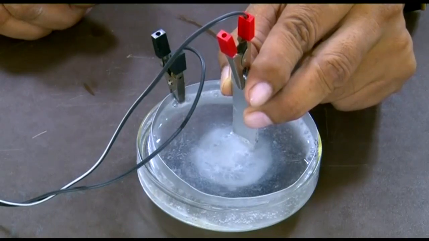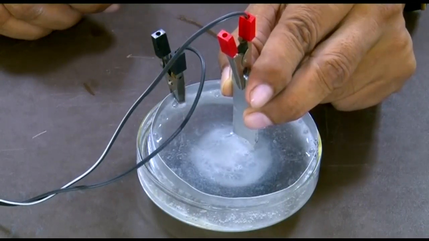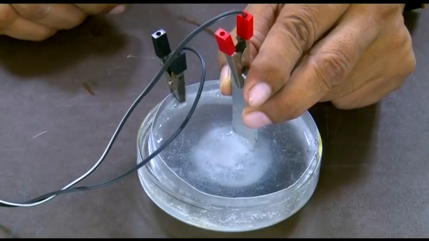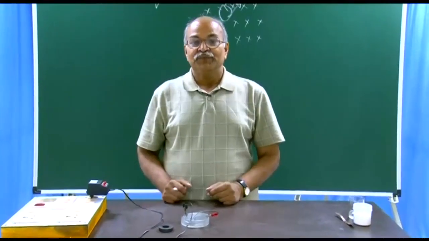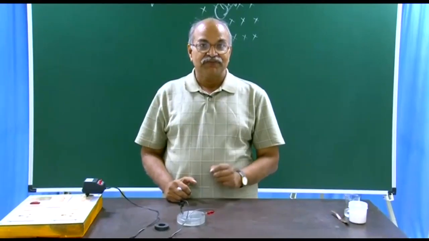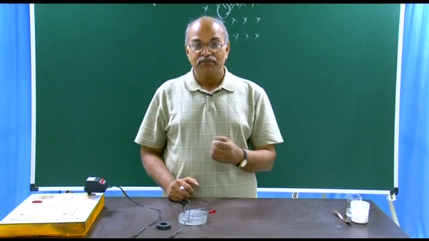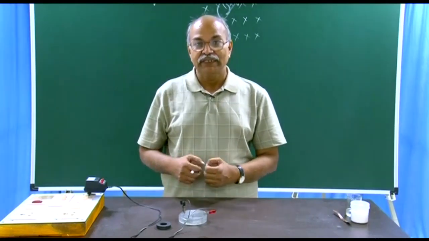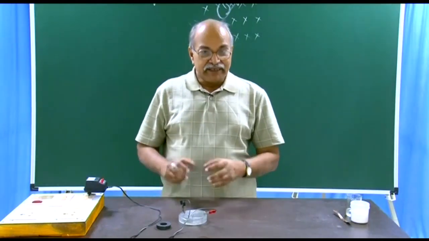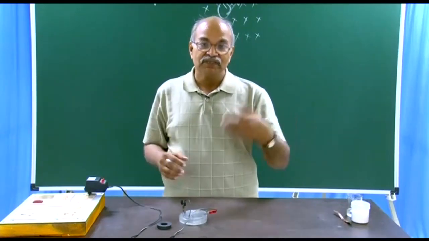So let us understand how F equal to Q V cross B is operating in this situation. Now, as you know, salt is an ionic compound. When we dissolve salt in water, the sodium plus and chlorine minus are separated, surrounded by water molecules.